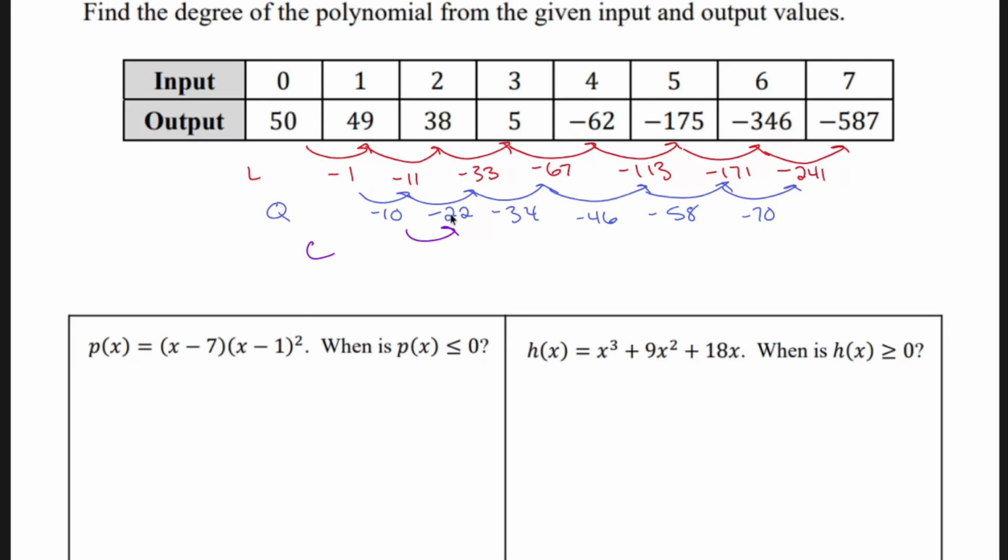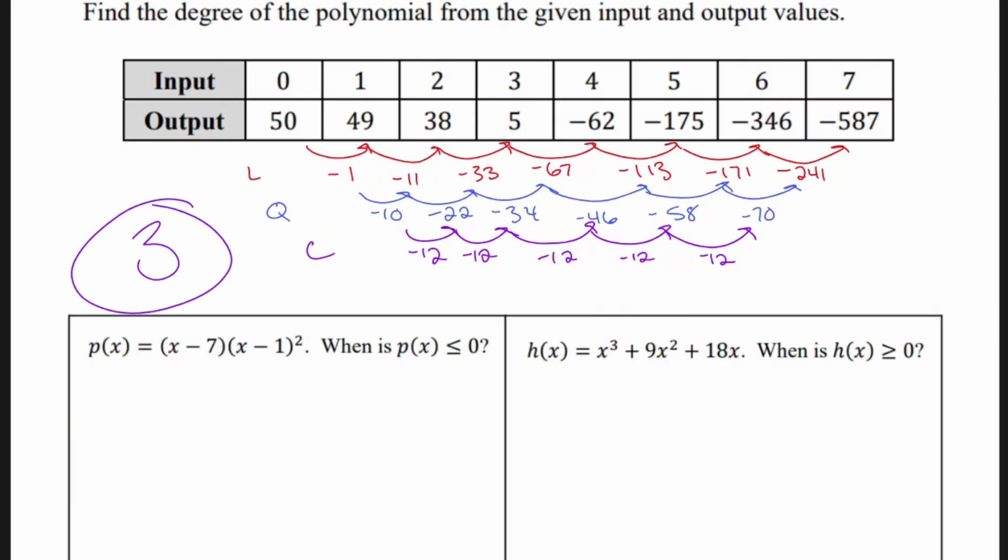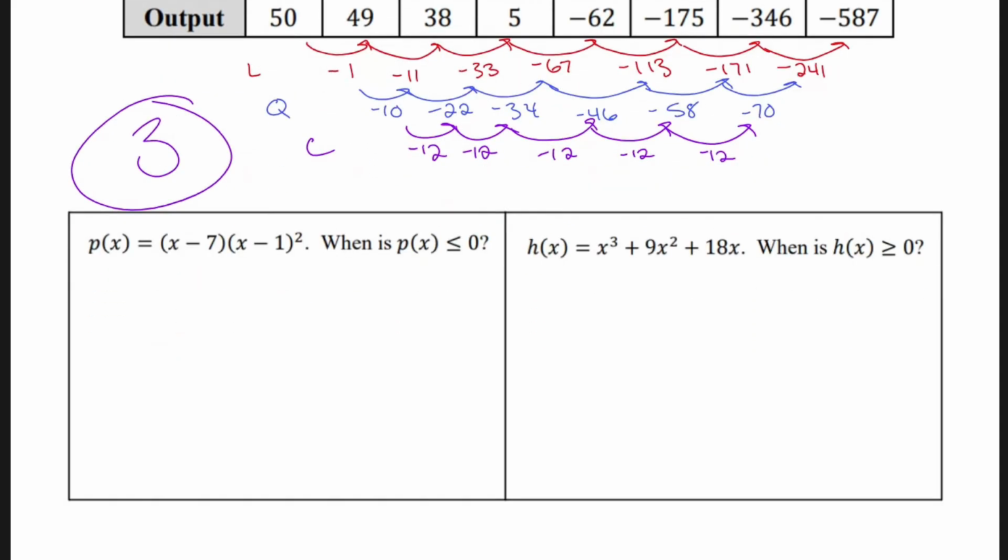Let me see. To get from -10 to -22, subtract 12. To get from -22 to -34, subtract 12, just to make sure we don't screw up. Hooray! So over equal length input value intervals, we have not linear, not quadratic, but cubic. This is a degree 3. Boys and girls, degree 3. I made a rhyme.